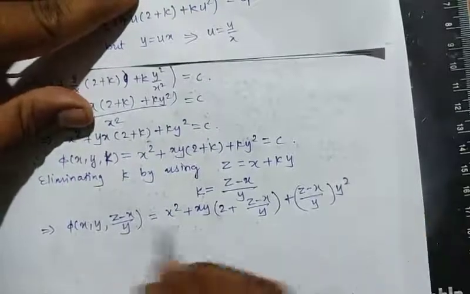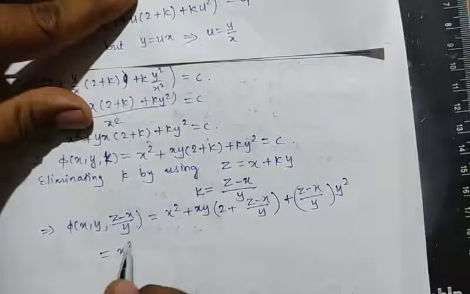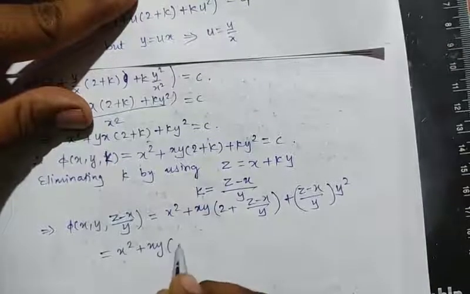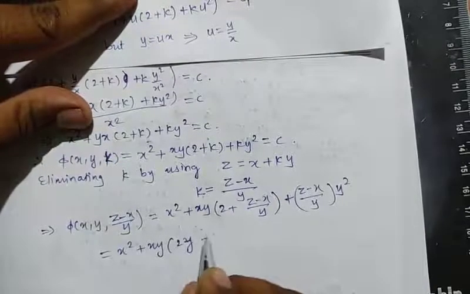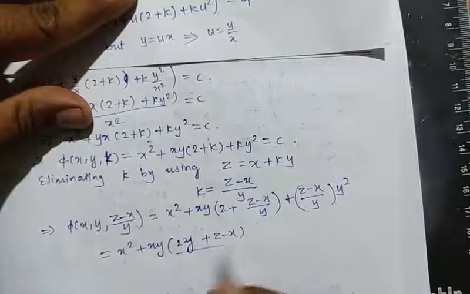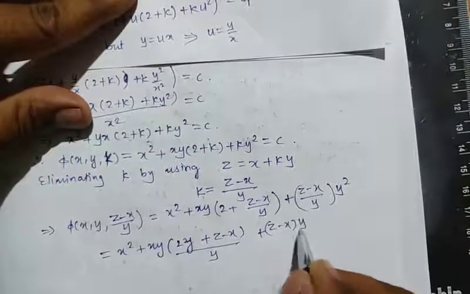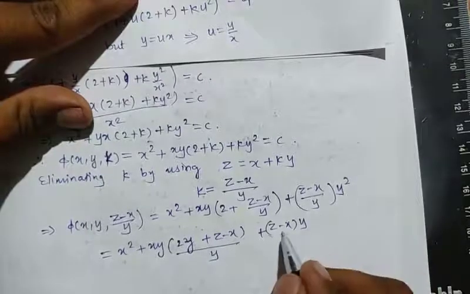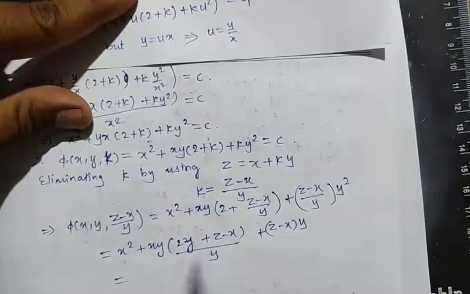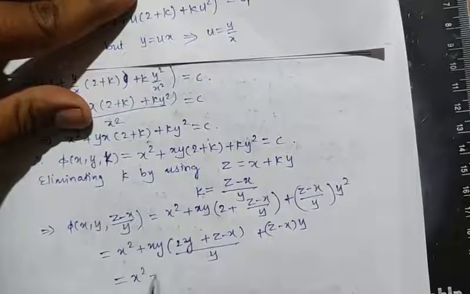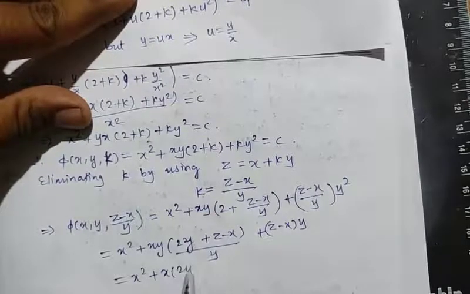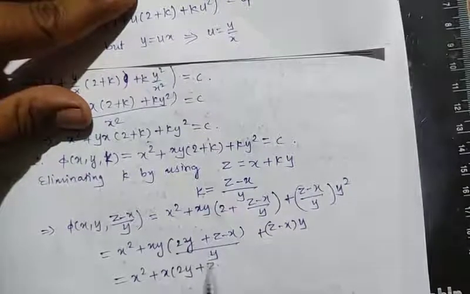Okay, so this is equal to x square plus x into y into (2 plus (z minus x) upon y times y). So y gets cancelled, and we get (z minus x) into y.